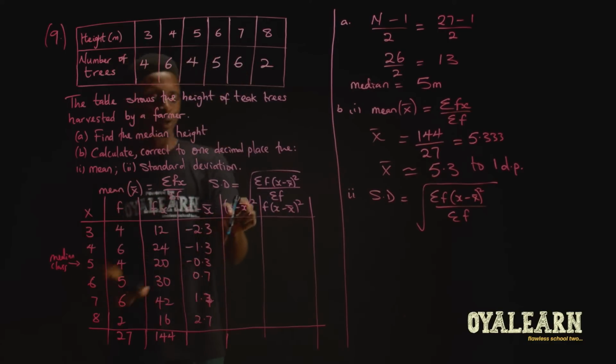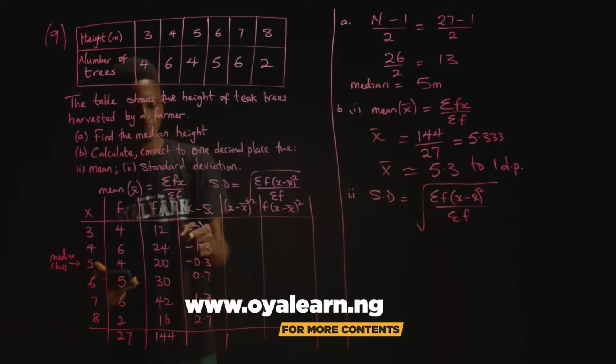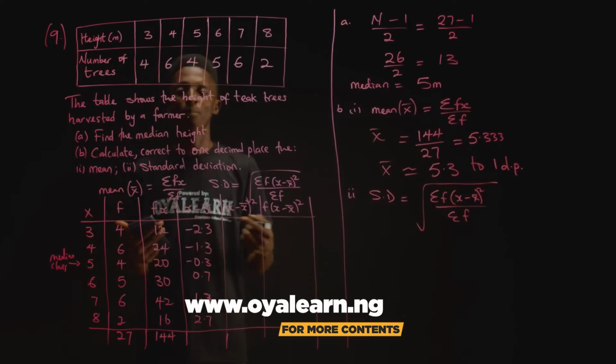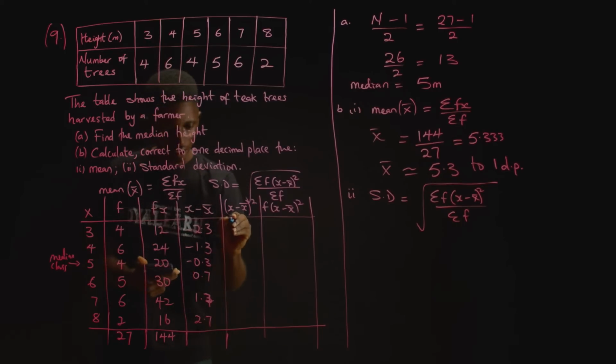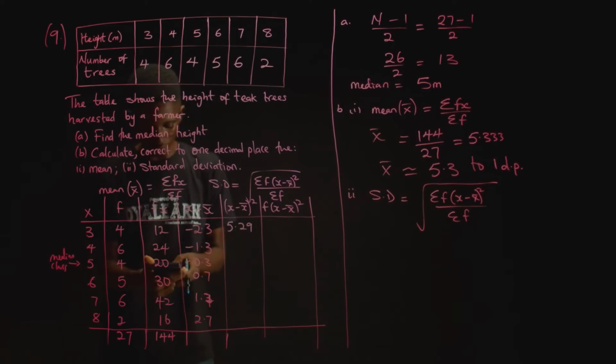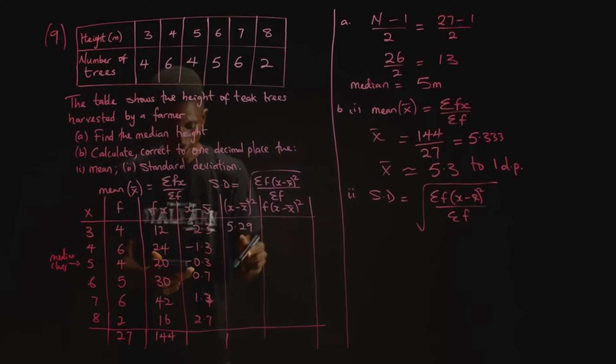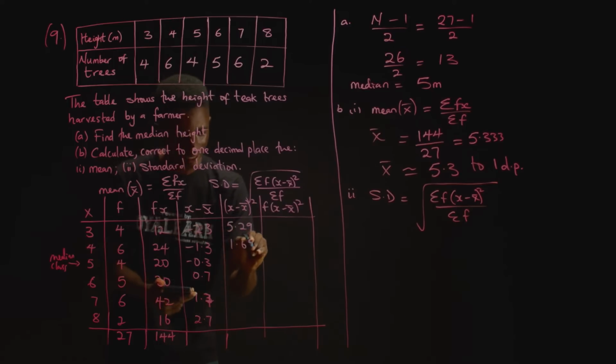Now remember, when you are squaring, everything is in the bracket. That means the negative sign will become positive, right? So minus 2.3 all in bracket squared would give us 5.29. Then we continue with the rest. 1.3 squared is 1.69.